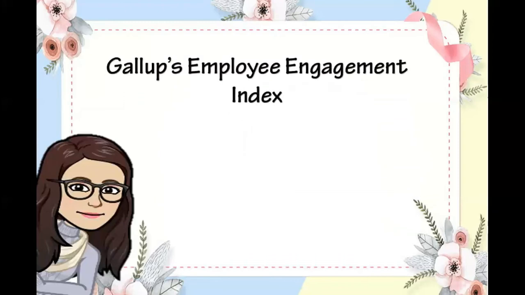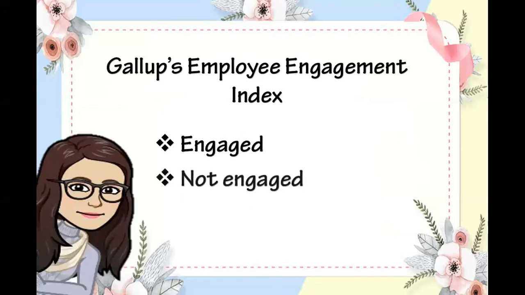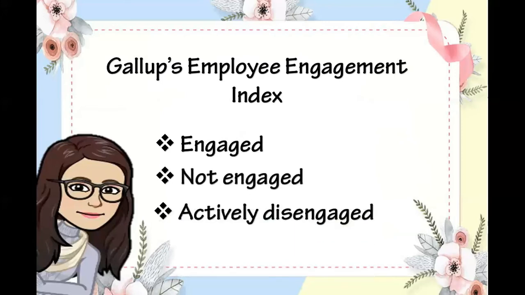Gallup's Employee Engagement Index provides high-level insights into engagement. It is based on worker responses to their performance outcomes. It is presented as engaged, not engaged, and actively disengaged. Engaged employees are involved in and enthusiastic about their work.